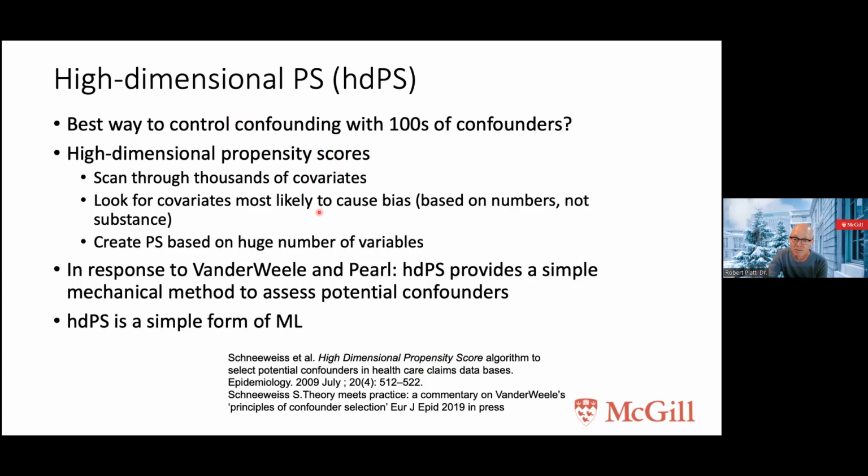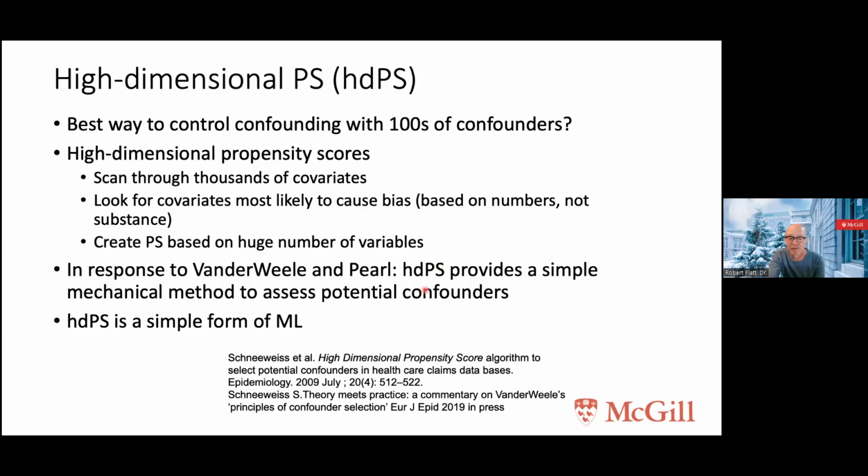And this is an automated tool, so it's based on the numbers, not the substance. It's not saying, oh yeah, smoking is definitely a confounder, so I better include it. It's saying smoking has an odds ratio of this for treatment and this for outcome, so it's likely to be a confounder. It's data driven, and then it creates the propensity score based on a huge number of variables.